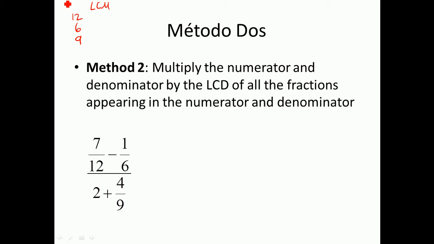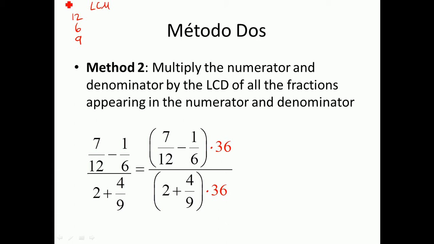What you'll notice is the lowest common denominator, or the lowest common multiple between all three of these, is going to be 36. So if I multiply the top by 36 and multiply the bottom by 36, let's see what happens. Distributing this 36, right? So you're multiplying 36 times 1/6 and 36 times 7/12.